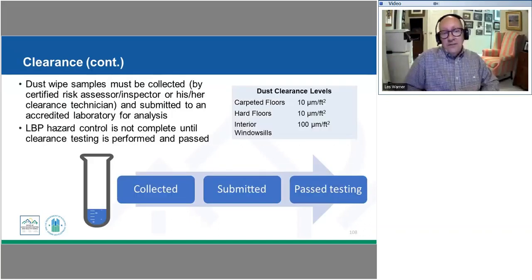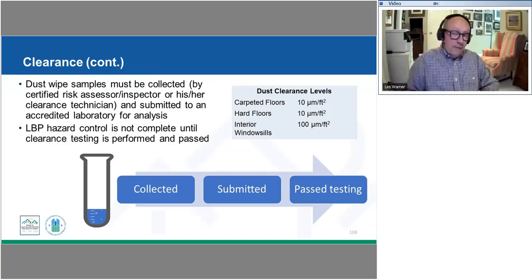Our clearance test is going to be done taking samples using dust wipes, and they're going to be sent off to a lab for analysis. Here again are dust clearance levels that we referenced earlier. Our lead hazard work isn't complete until we've done our sampling, they've been sent off, and our reports have been received back saying that they are within these acceptable clearance levels.